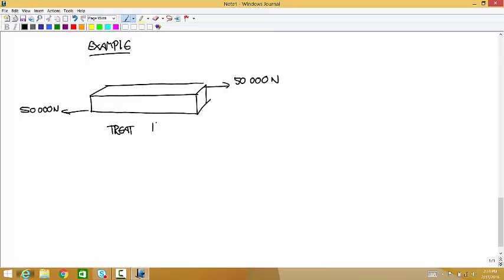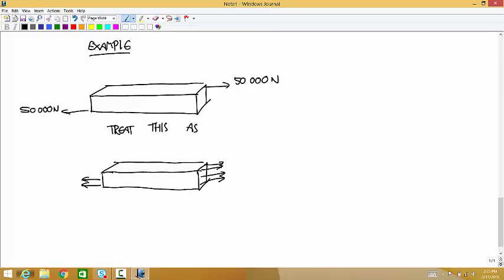You can treat this as this, where that's a uniformly distributed load, that's a uniformly distributed load, where the magnitudes are still equal to 50,000 newtons, as long as you don't pay any attention to the results that it suggests in that region and that region.